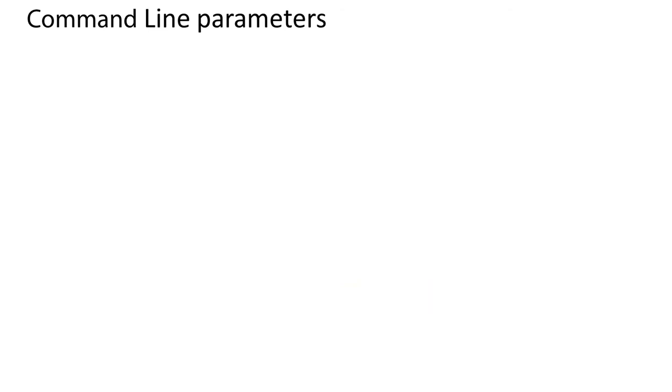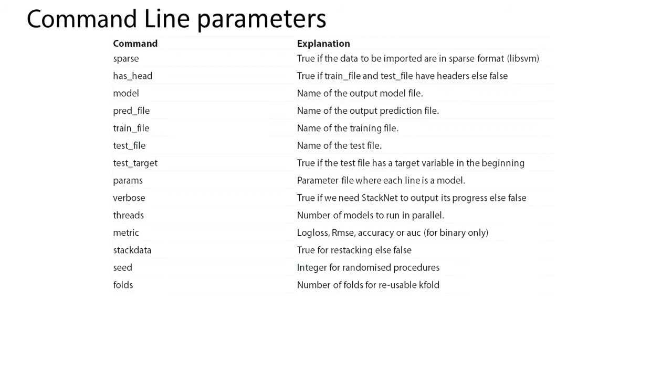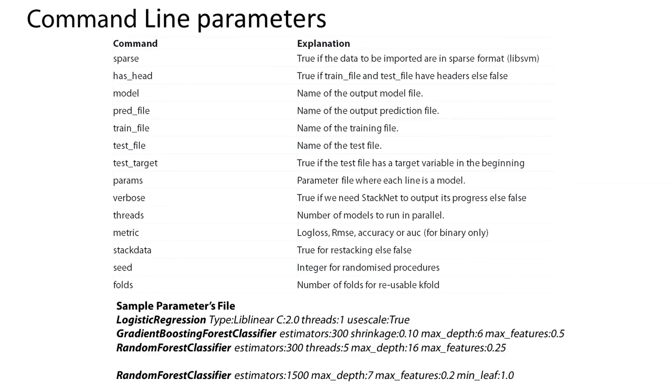So StackNet can be used from the command line. It has commands, which we will see a few of them. I think the most important thing, though, is the params command. The params command expects a file, normally a txt, where it specifies the meta-modeling architecture.